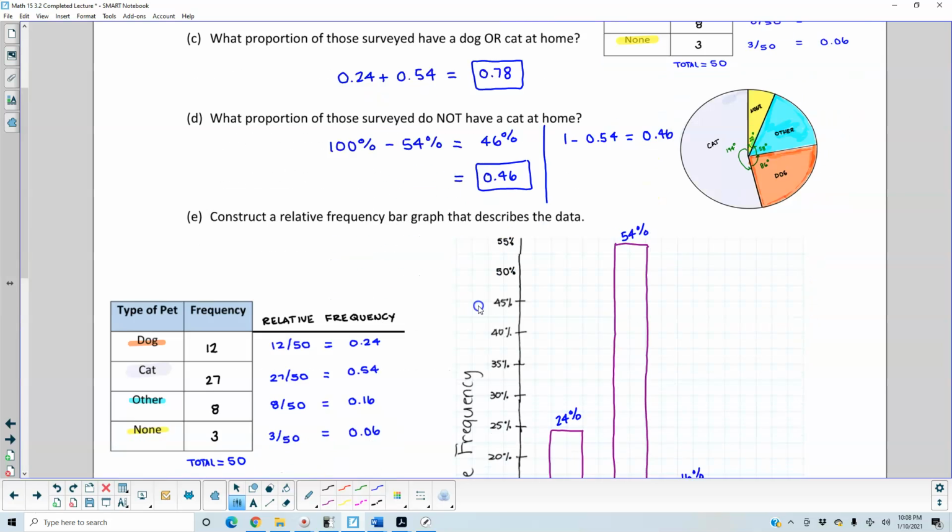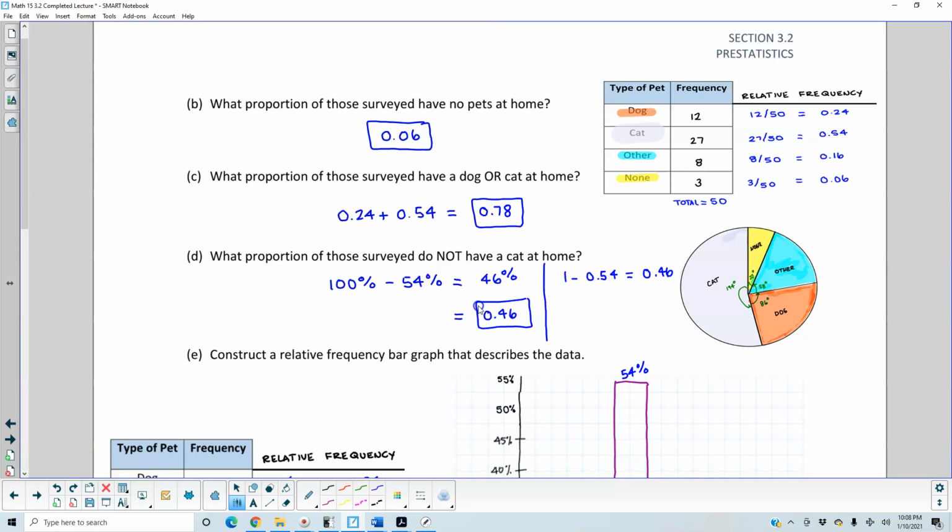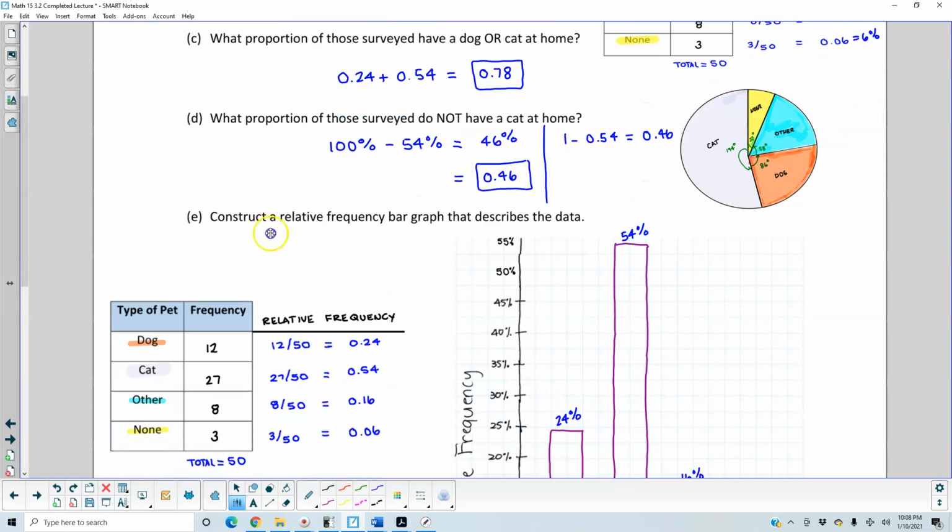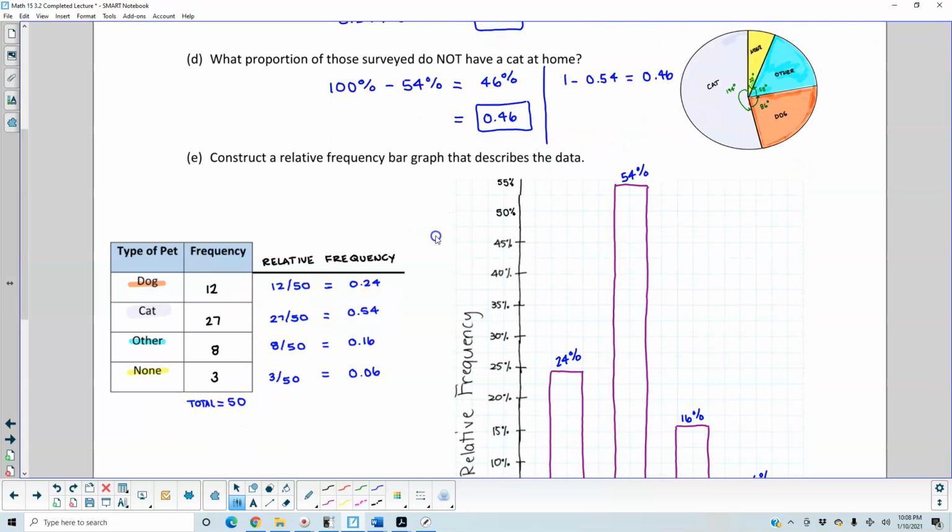Okay, so again, let's go ahead and convert these to percent. So we know that this represents 24% up here. This is 54%. This is 16%. And this is 6%. So in part E, they want us to then construct a relative frequency bar graph that describes that data.